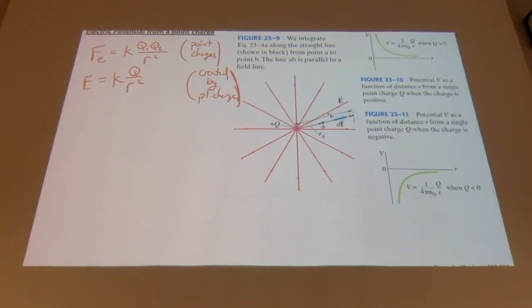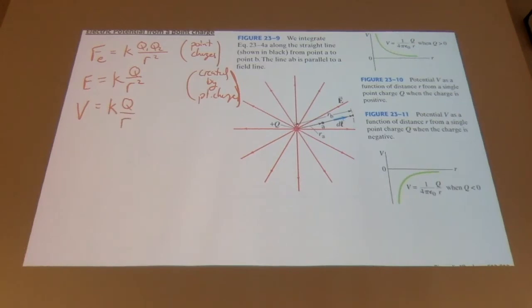Now you can see there at the top, we're going to look at the electric potential that comes from a point charge. So we can write that as V. And it turns out, if you look back at our last lecture, we did a bunch of calculus and actually found this answer already. So I'm not going to go through this again. We just didn't specify it at the time.